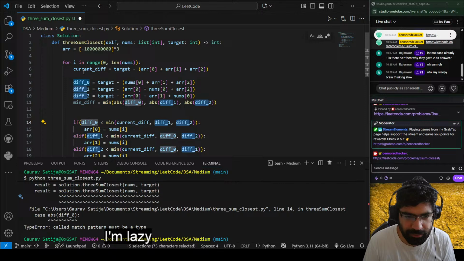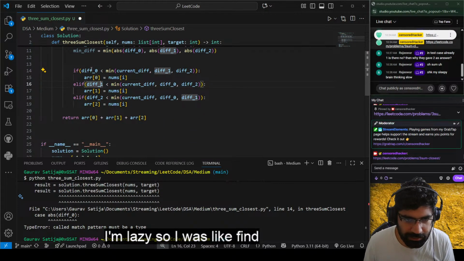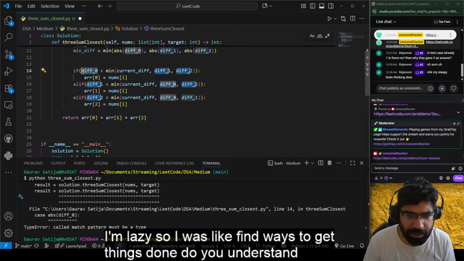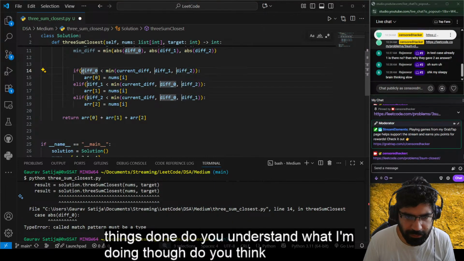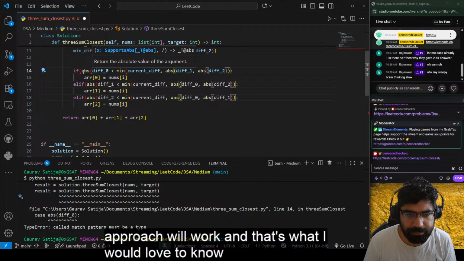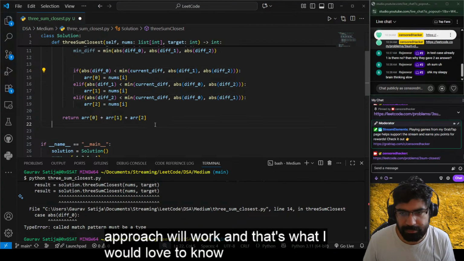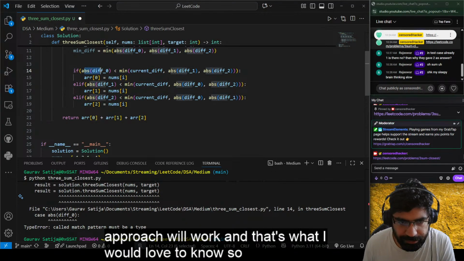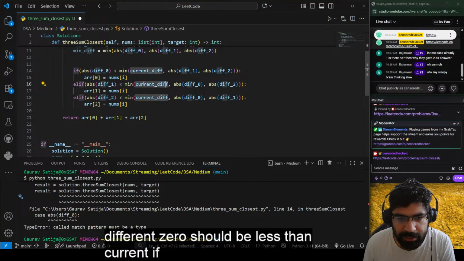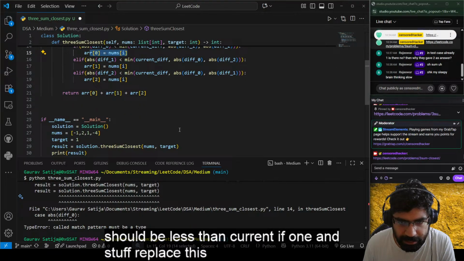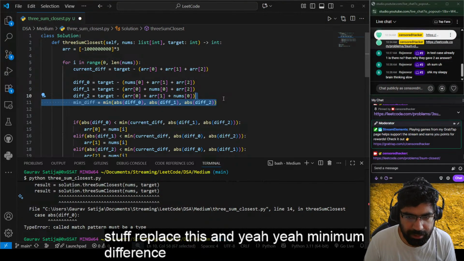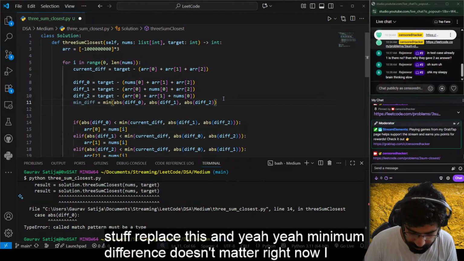I'm lazy, so I will find ways to get things done. Do you understand what I'm doing though? Do you think this approach will work? That's what I would love to know. So absolute value of difference 0 should be less than current diff 1 and stuff. Replace this and yada yada yada. Minimum difference doesn't matter right now. I can actually make it optimized, but for now.